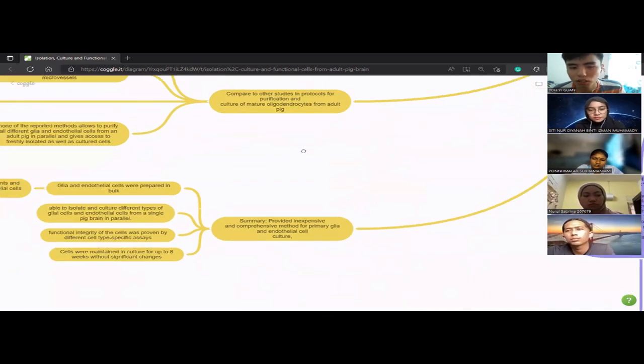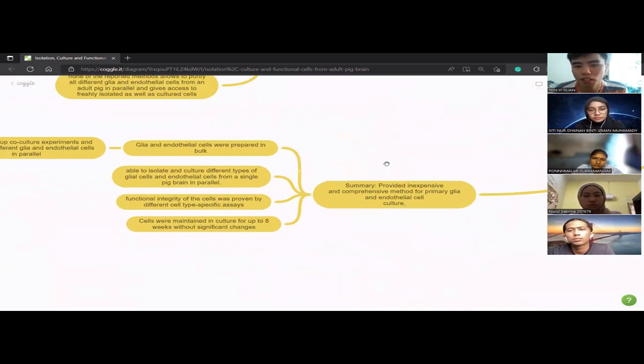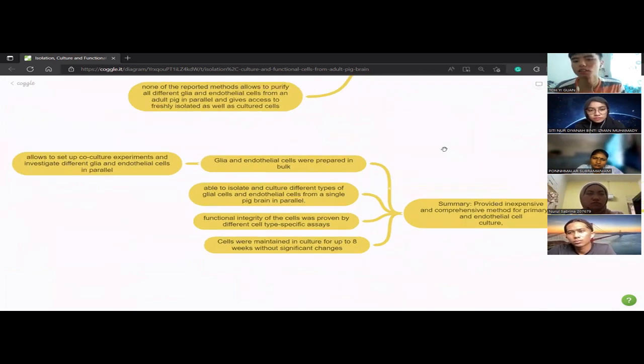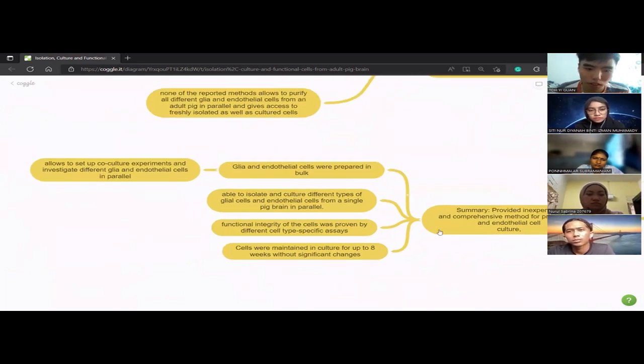And last but not least, in summary, the journal stated that it provided an inexpensive and comprehensive method for primary glial and endothelial cell culture. And what is the summary? It can be divided into 4.